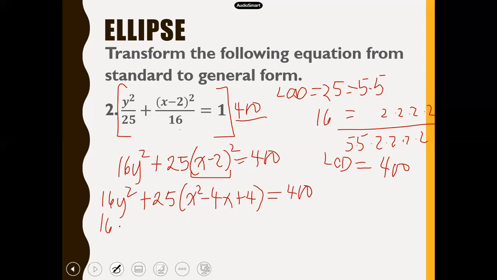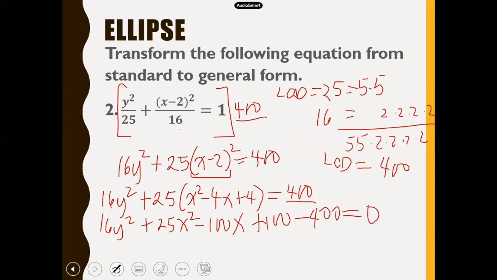So simplify natin all the terms plus 25x squared minus 100x plus 100 minus 400. Lipat natin yung 400 sa kaliwa equal to 0.